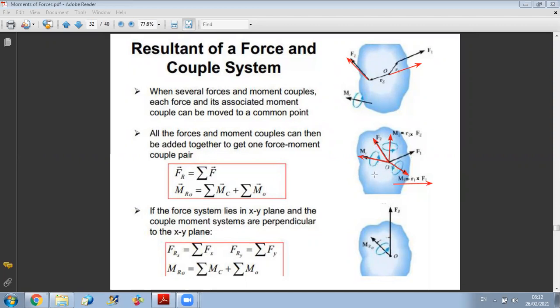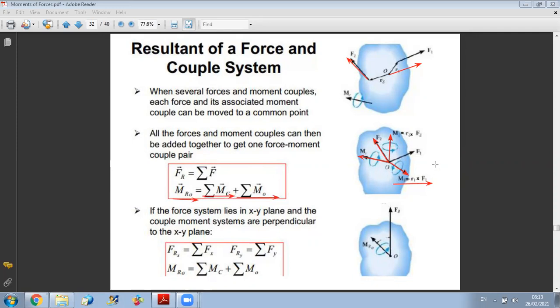So in this example, the resultant force is F1 plus F2, while the resultant moment will be equal to the summation of moments of forces. This is what we mean by summation of moment about O, which is our M1 and M2, R1 vectorial F1 and R2 vectorial F2, plus what should we add to it? The moment of couple.